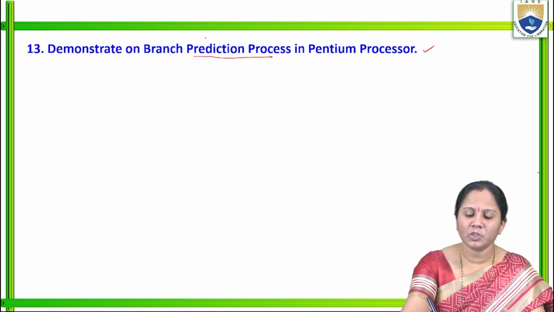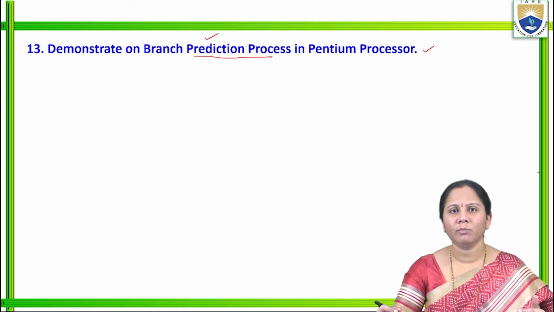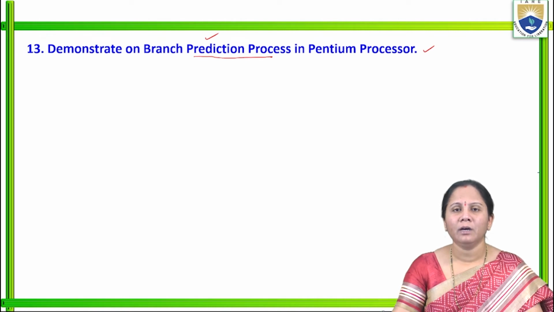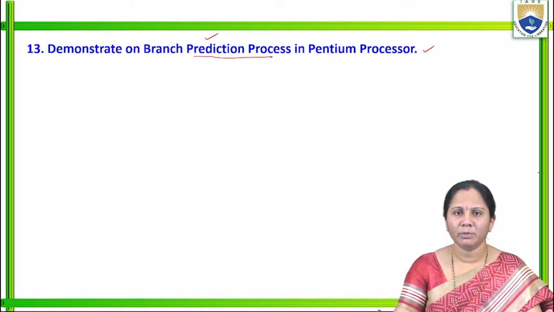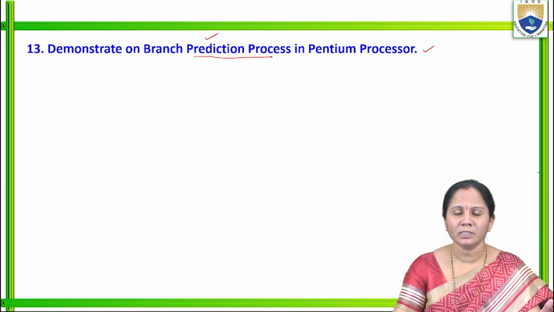So this branch prediction logic is there in the Pentium processor. Why? Because in the normal processor, since they are supporting pipelining, if any branch instruction occurs in between, there will be a disturbance in the execution of instructions in the pipelining mechanism.